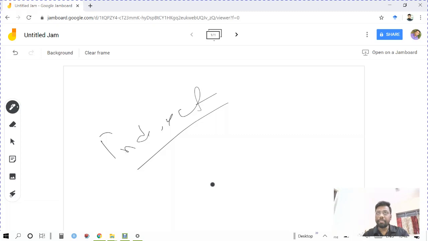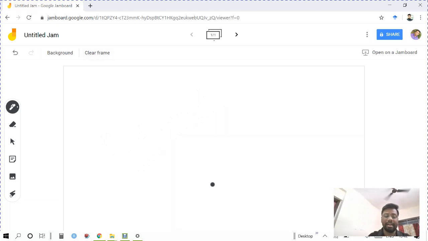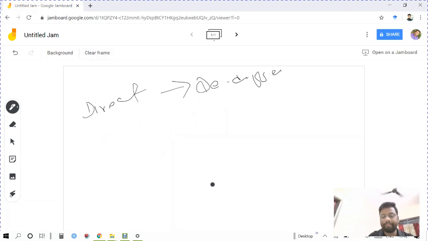In case of indirect, any differentiated cell. Okay, I will write this again. Direct, differentiated tissue.